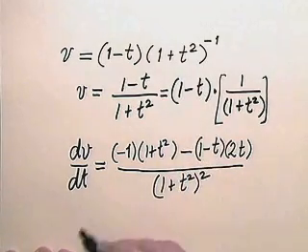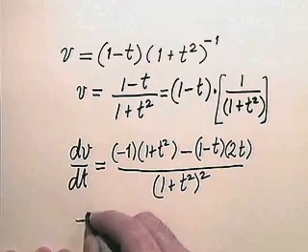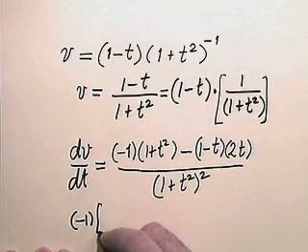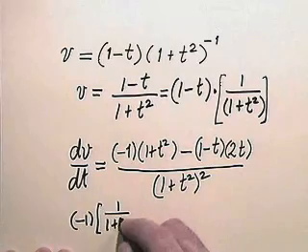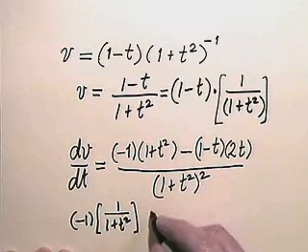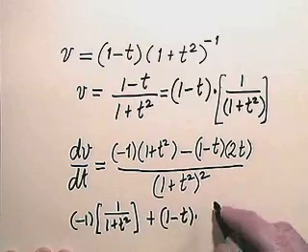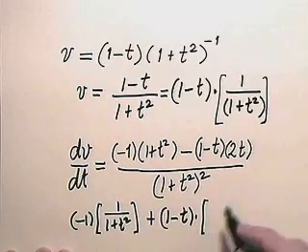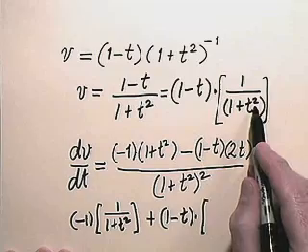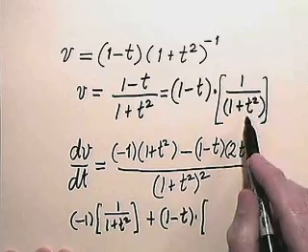Now, if we had applied the product rule to do this, we would say the derivative of the first term, which is -1, times the second term, 1 over 1 plus t squared, plus the first term times the derivative of the second term, and then when I go to differentiate the second term, I'd have to apply the quotient rule to it.